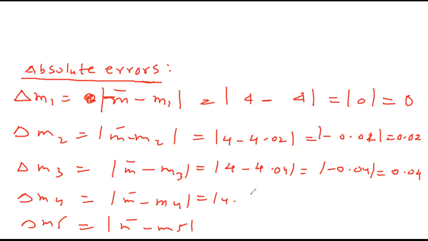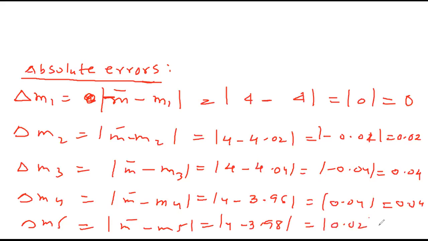Then 4 minus 3.96, that is 0.04. 4 minus 3.98 equals 0.02. So whenever it is absolute error, only we have to write magnitude. This box means modulus, where we have to write only the magnitude. So I calculated absolute error in first one, second one, third one, fourth one, fifth one.